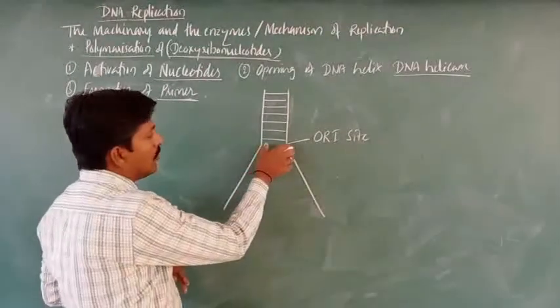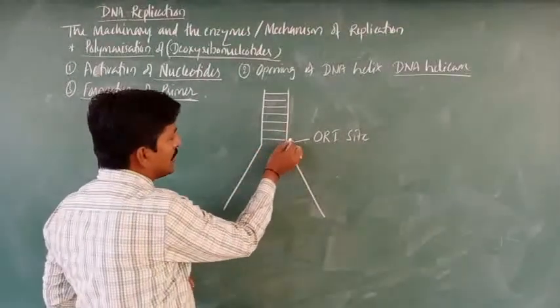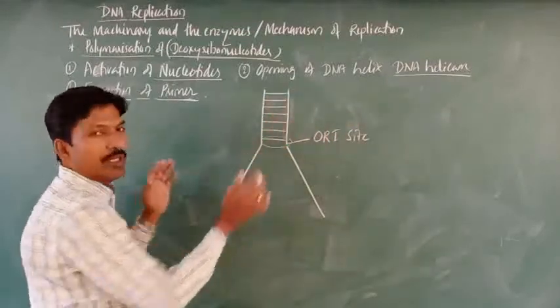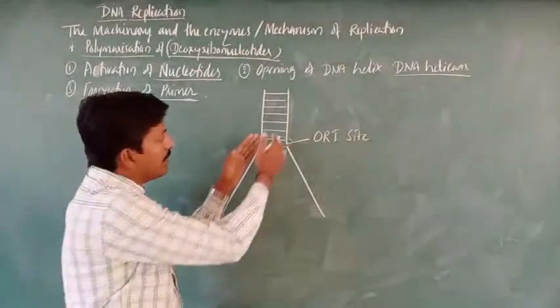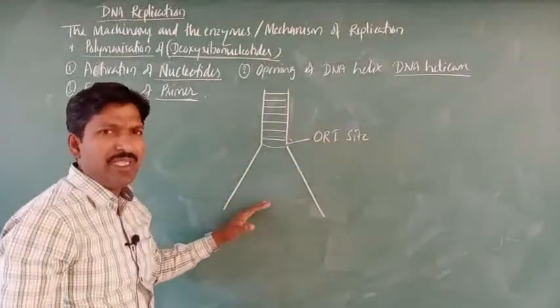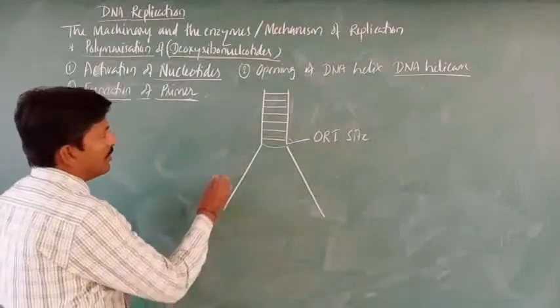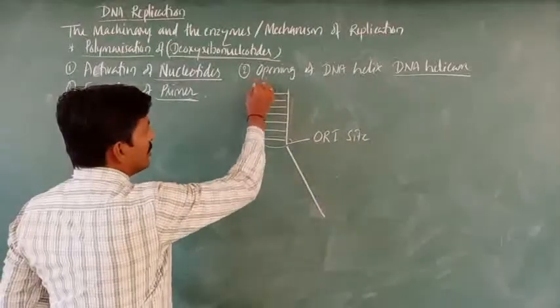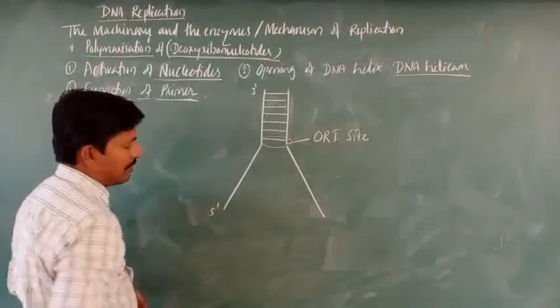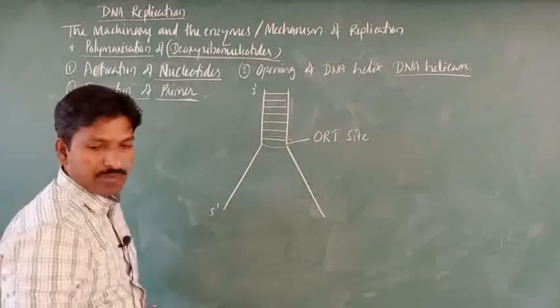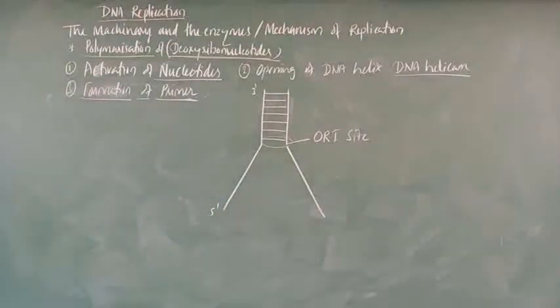So what happens? Due to the presence of helicase, these also get opened. The hydrogen bonds are broken and it is also opened. Simultaneously, formation of primer takes place here. So consider here, this is the third end and this is the fifth end.